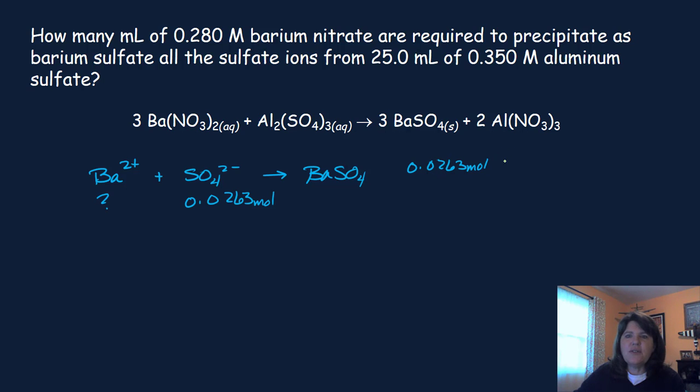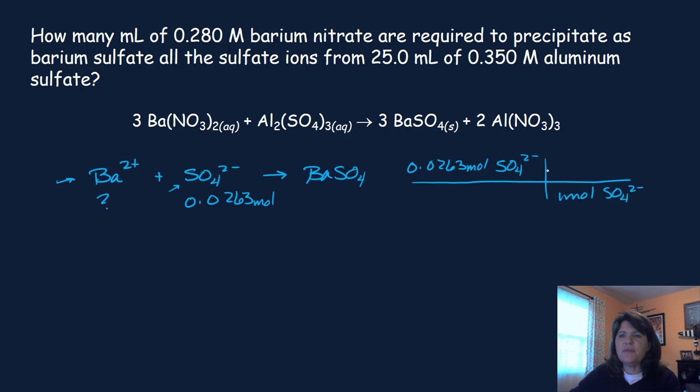0.0263 moles of sulfate ions. And I happen to know that for every 1 mole of sulfate, I have 1 mole of barium.